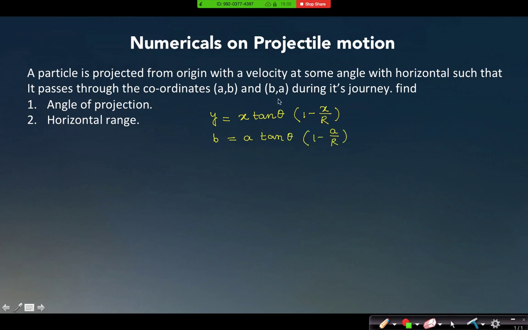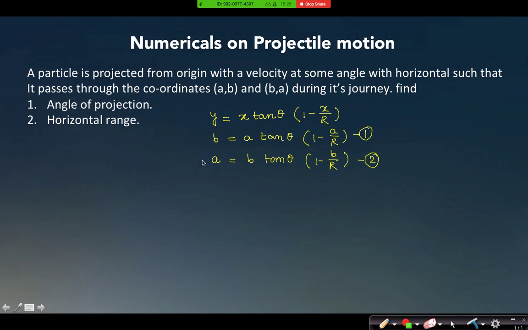That is the first equation. For the second instance, the y coordinate is a and the x coordinate is b. So I can write a is equal to b tan theta into 1 minus b by r. That is the second equation.